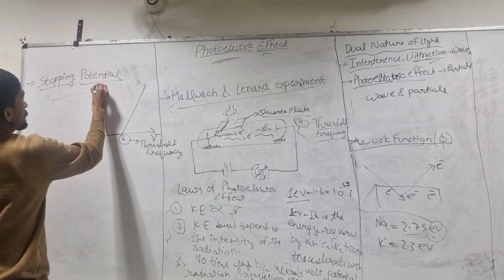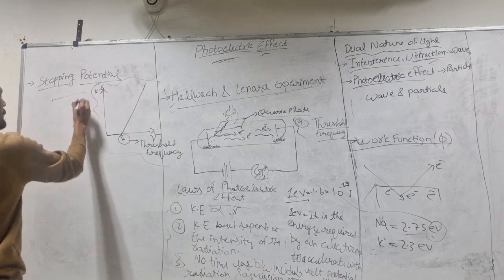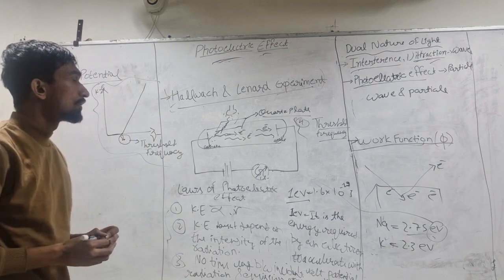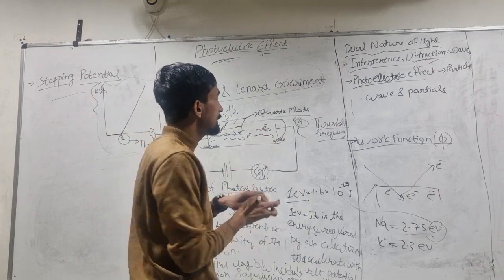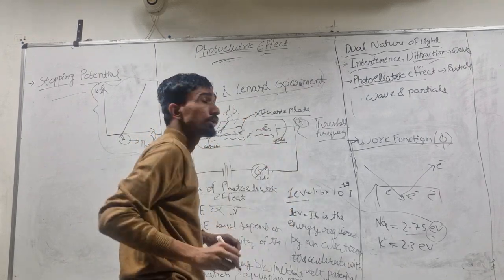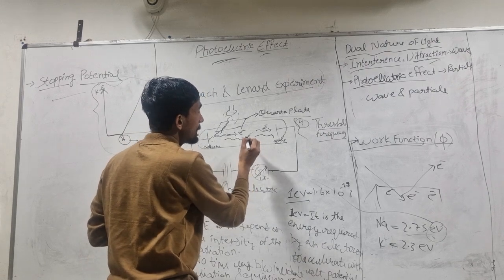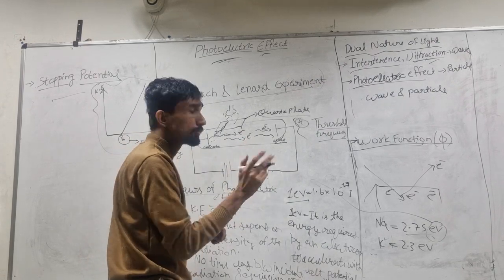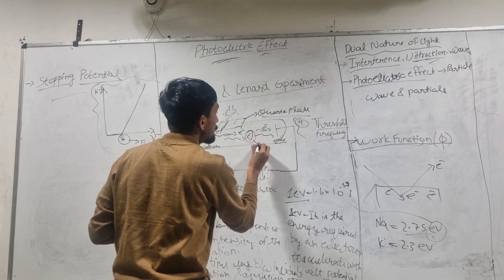So now we can go for our next topic, stopping potential. What is the minimum potential needed at the anode to stop the movement of the maximum kinetic energy electron?